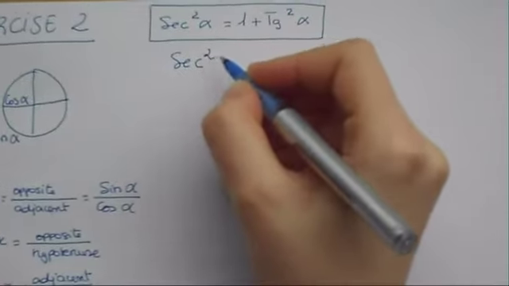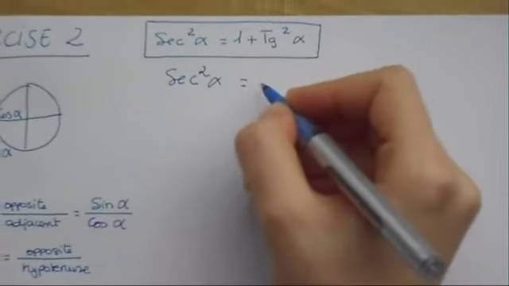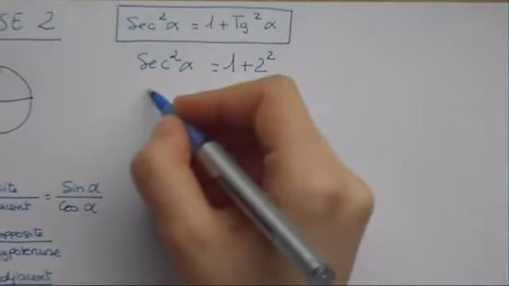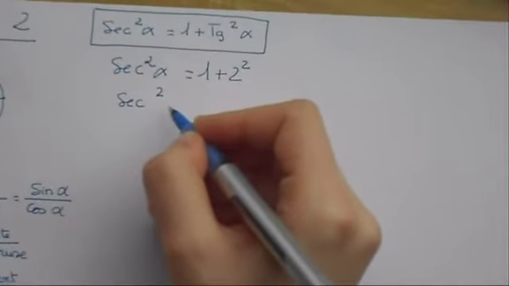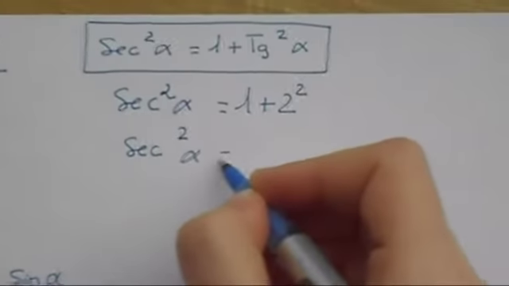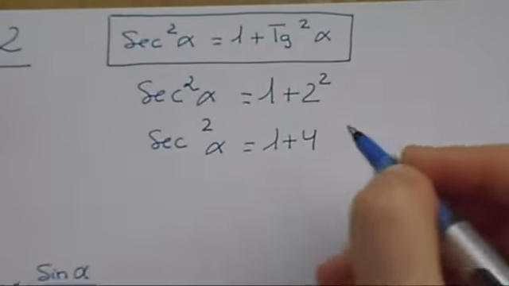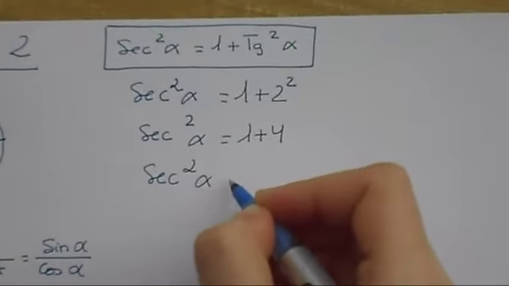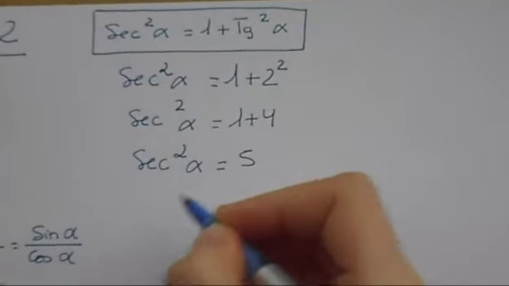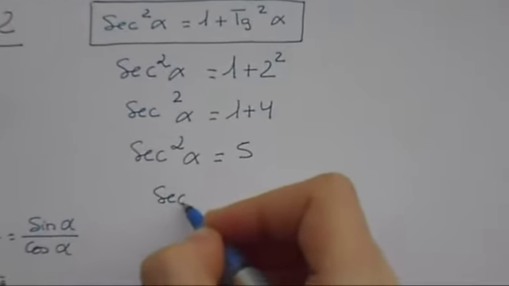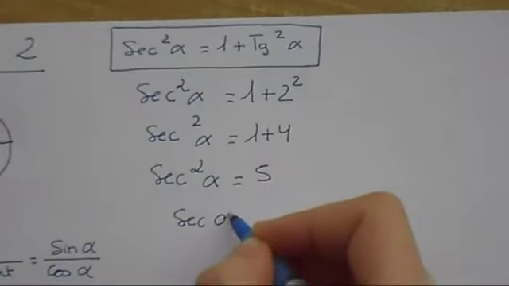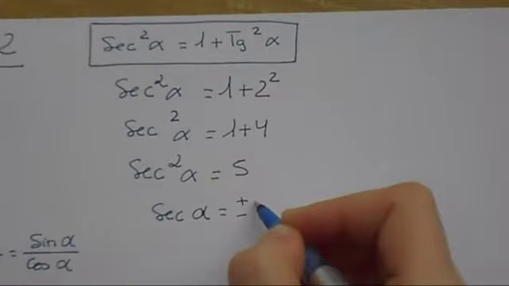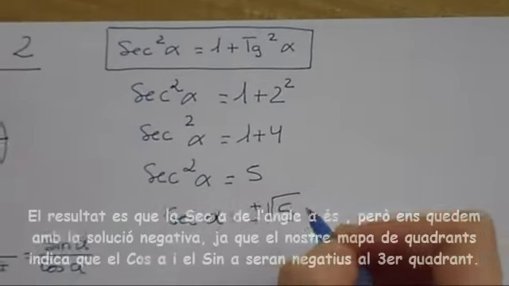Secant squared alpha equals 1 plus 2 squared. Secant squared alpha equals 1 plus 4. Secant squared alpha equals 5, and secant of alpha equals plus or minus root of 5.